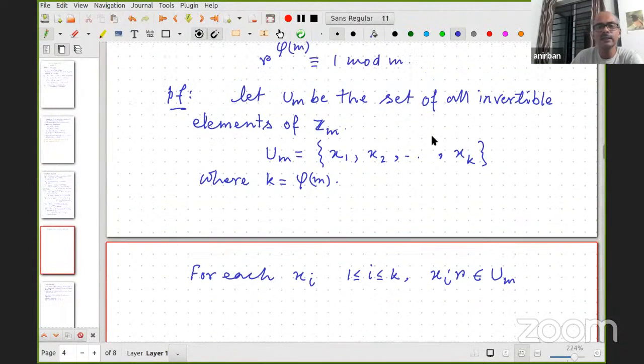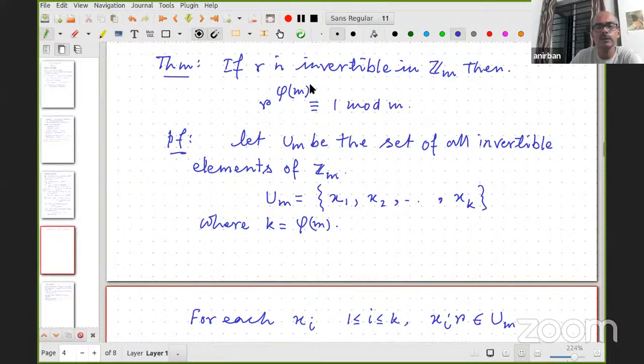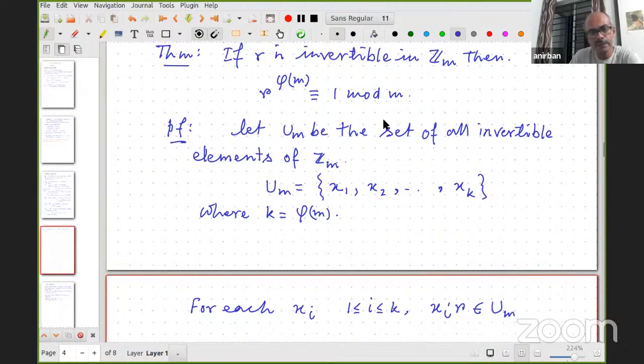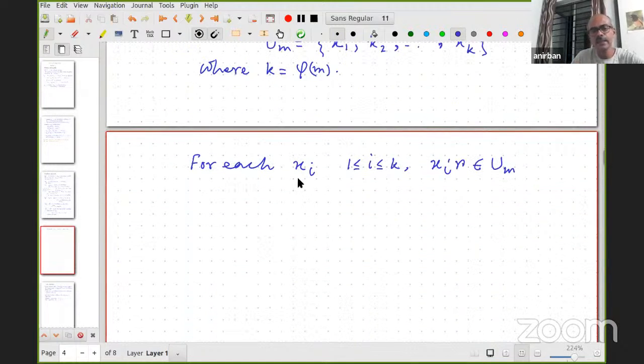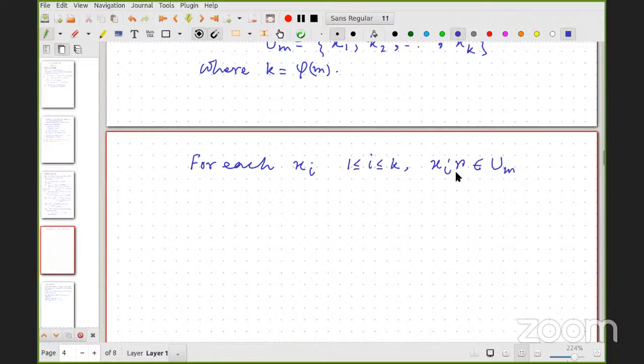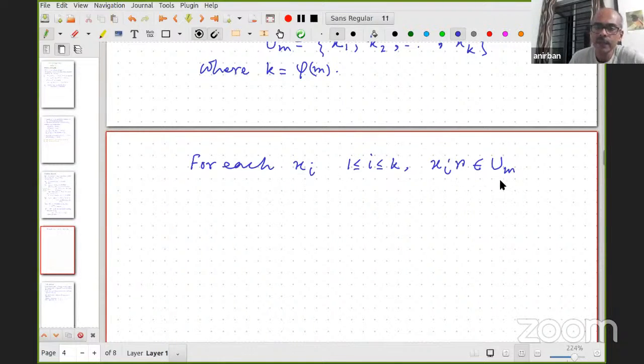Remember that r is an invertible element from the statement of the theorem, and xi is another invertible element. If you multiply them, you still get an invertible element. So all these xi times r are elements in Um, and they would all be distinct.